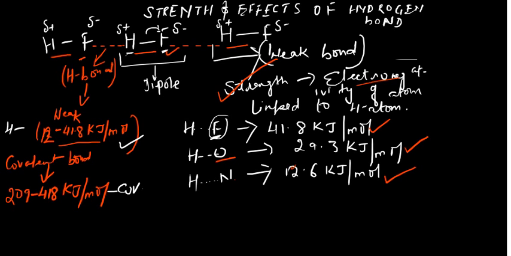So if you want to arrange it in order, hydrogen bond is weaker than a covalent bond, whereas van der Waals forces of attraction are lesser than your hydrogen bond, right?